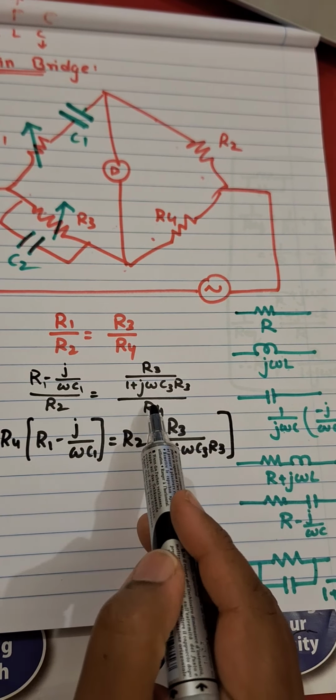Here numerator by denominator, here only numerator. So let me make this side also numerator by denominator. For that I am going to take LCM. So omega C1 is my LCM. So this one will become R1 R4 omega C1 minus j R4 is equals to R2 R3 by 1 plus j omega C3 R3.